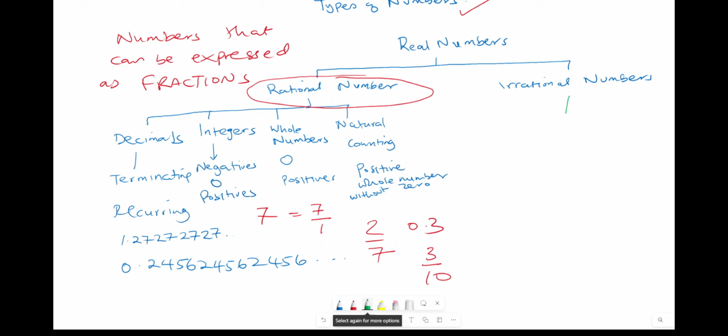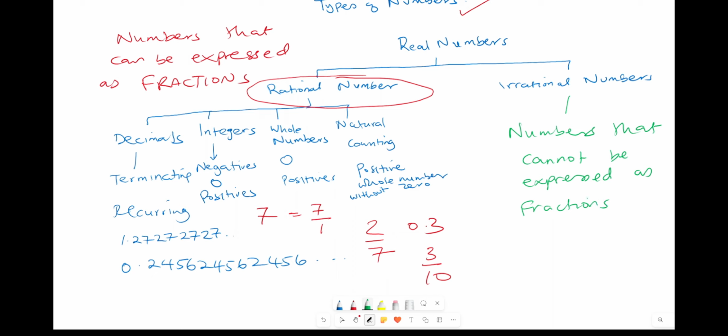Okay, so if rational numbers are numbers that can be expressed as fractions, then we can safely conclude that irrational numbers are numbers that cannot be expressed as fractions. Yeah, as simple as that.